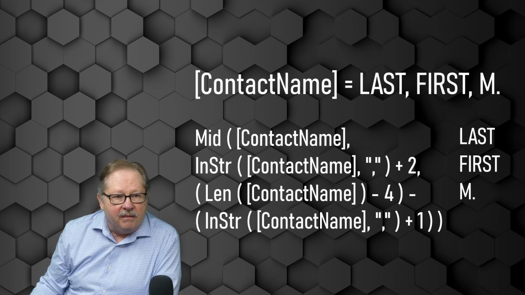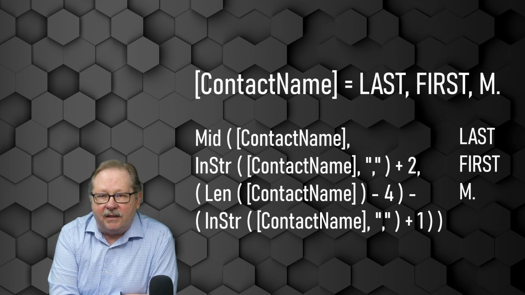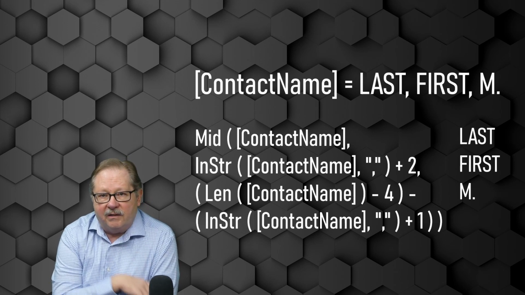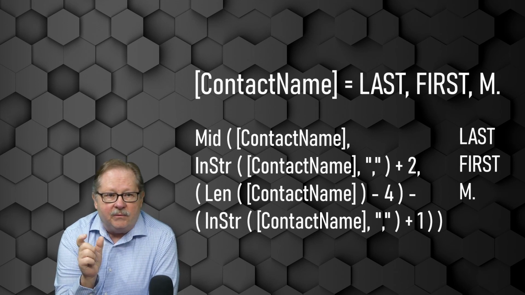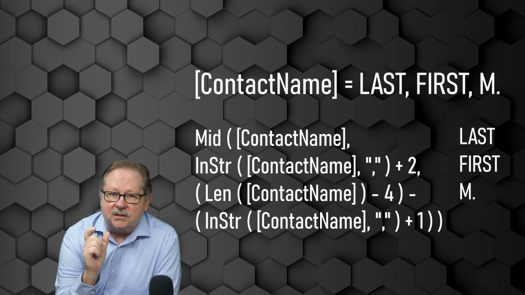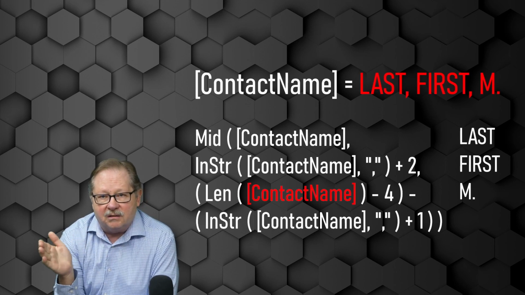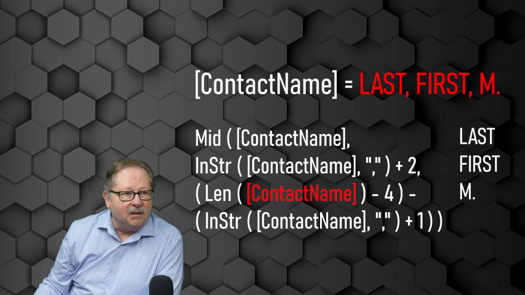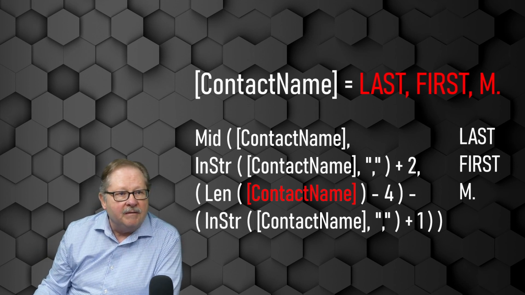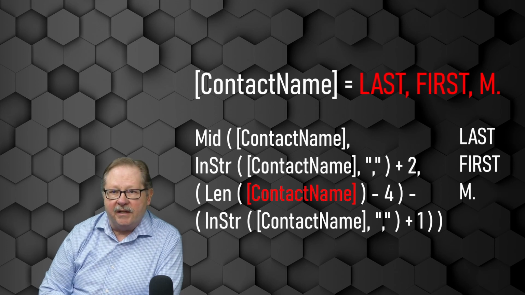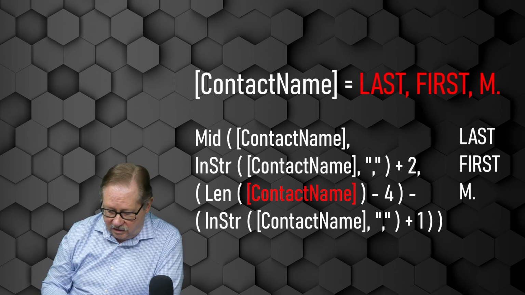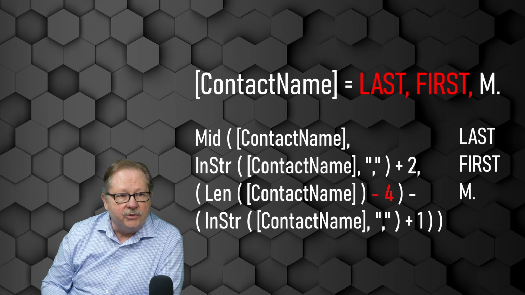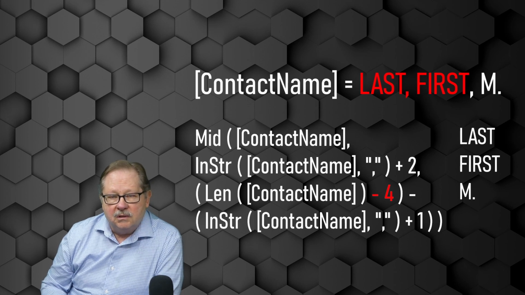Now, the next piece is I need to calculate on the fly the length of the string that I want, which means that I can go to the length of my field in total. How much is the length of my text? Well, the length of my text, if I look here, is to the end of the period -1, 2, 3, 4.